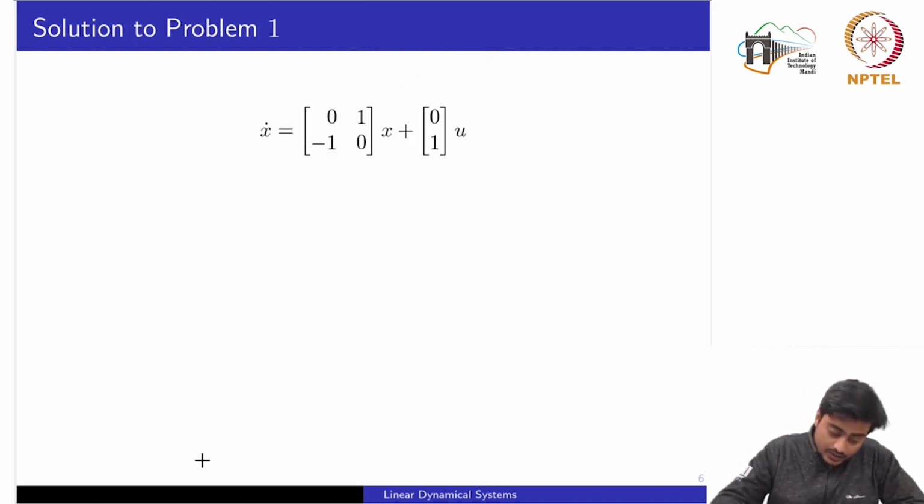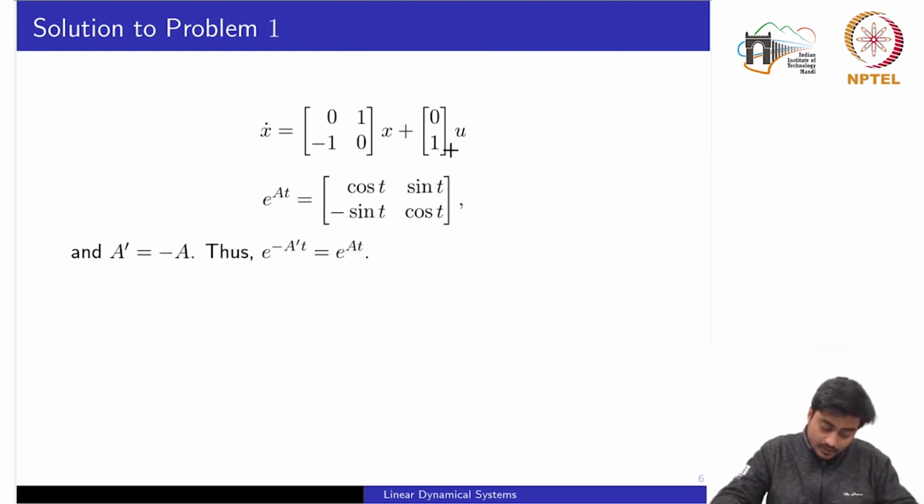Now coming on to the problem, we want to design the controller. We have this A, B matrix. So for computing the controllability Gramian, we need the exponential matrix of the A matrix. So once we compute, we get this exponential terms.